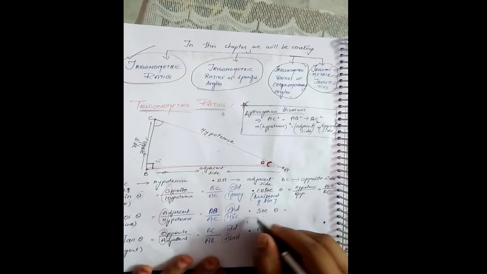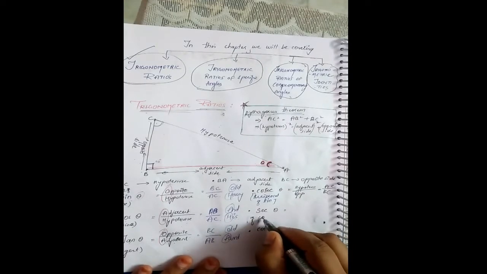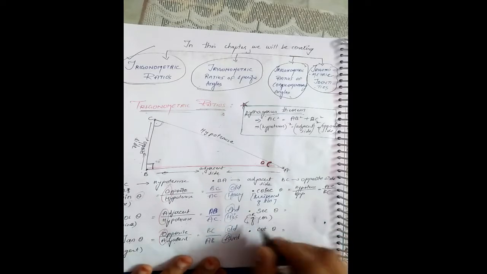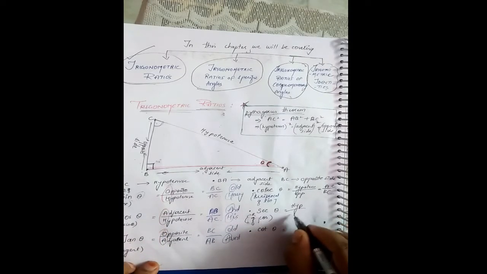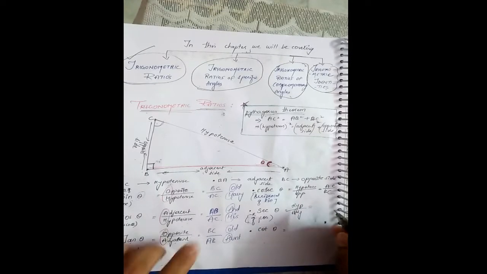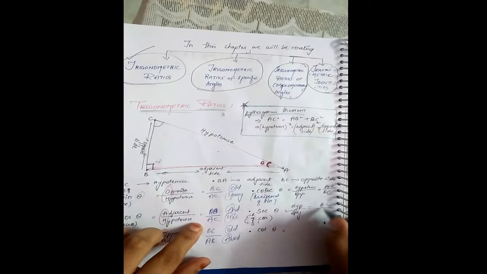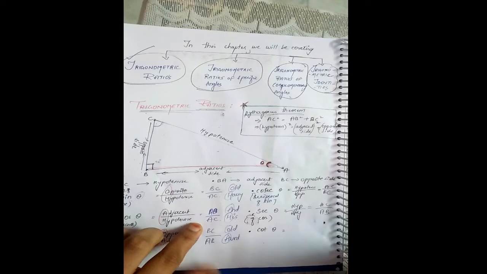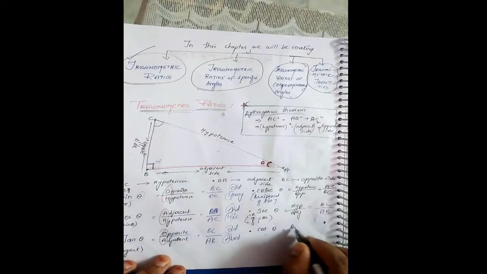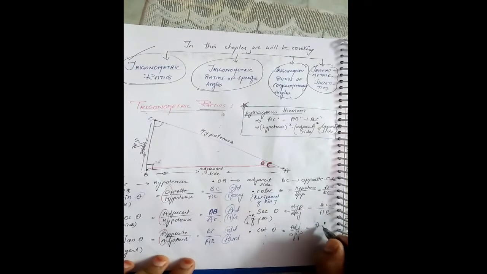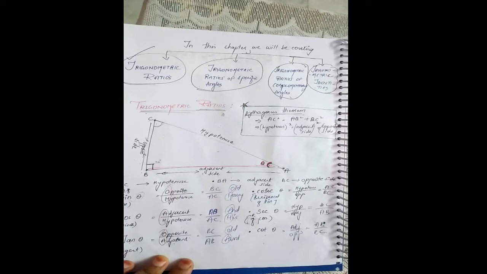Next, secant theta, reciprocal of cos, nothing but the opposite. Hypotenuse by adjacent, which is equal to AC by AB. Now cot, reciprocal of tan. Adjacent by opposite, that is nothing but AB by BC.